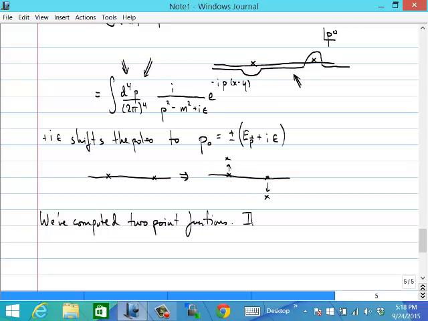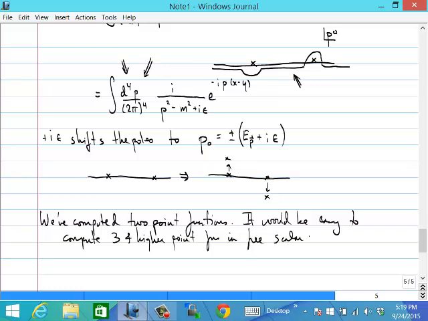And it would be easy at this point to compute 3 and higher point functions in a free scalar field theory. And in fact, there are some nice results there.